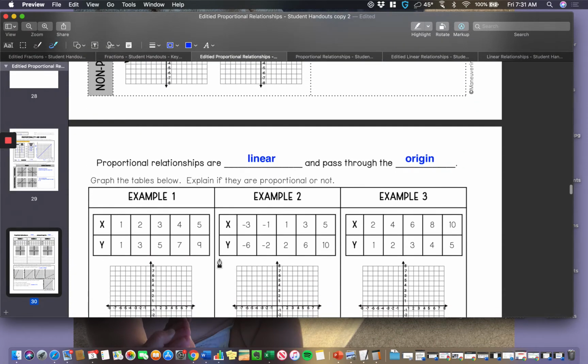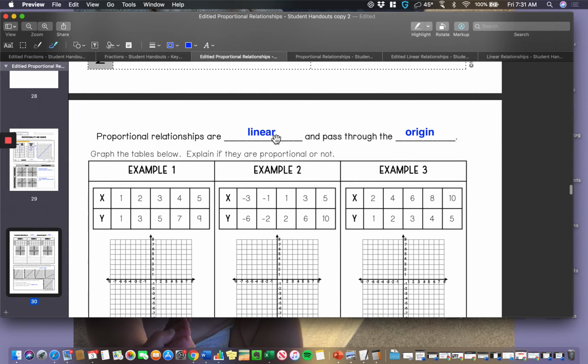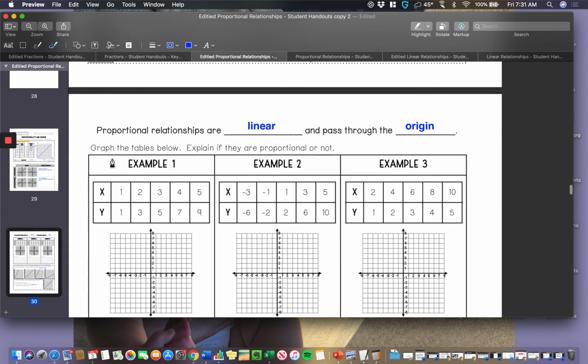Alright, you can flip on over to the back. It says proportional relationships are linear and pass through the origin. It says graph the tables below and explain if they are proportional or not. So if it is proportional, that means I drew a straight line and it passed through the middle, the origin. And if it is not passing through the origin, or if it is not a straight line, then you are not going to have a proportional relationship.